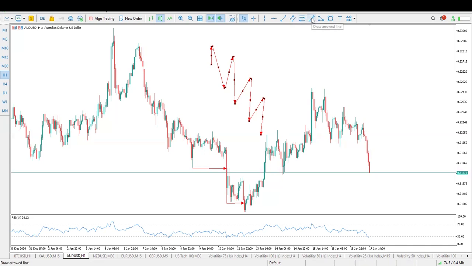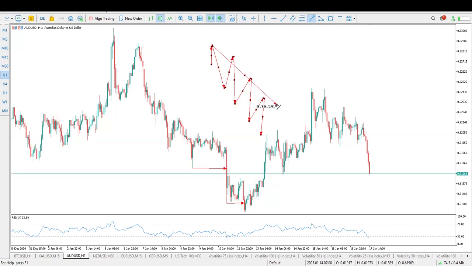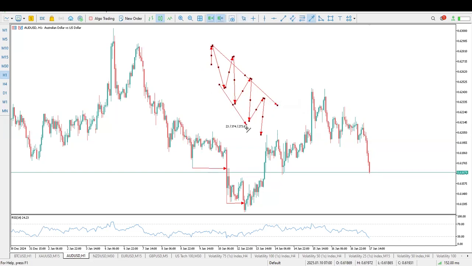The best way to know this is to remember that everything up here carries the name high. That is, this is a lower high, this is a lower high, and this is a lower high. While everything downwards here is a low. That is, this is a lower low, this is a lower low, this is a lower low, and this is a lower low.